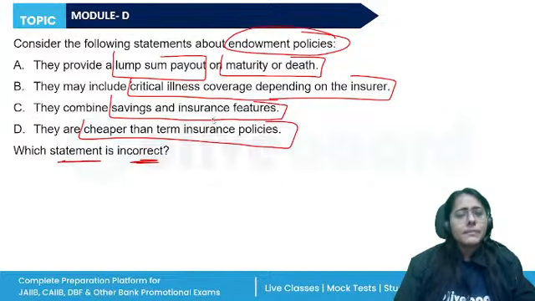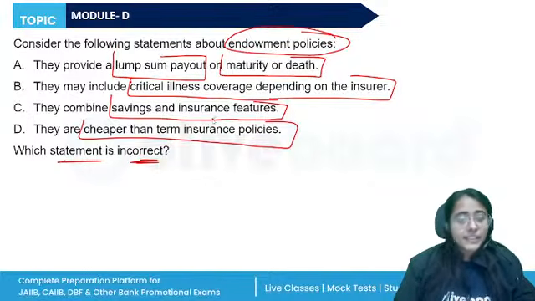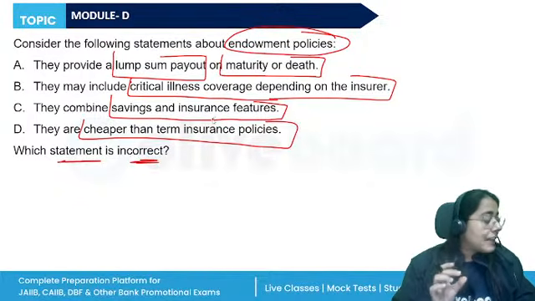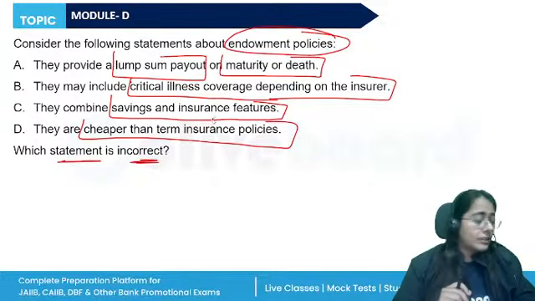You need to mark the incorrect statement. You are telling me the correct answer. That is the main basis of the endowment policy. In a term insurance policy, the amount is paid only on the death of the policy holder. The amount is paid to the nominees or the beneficiaries. That is the term insurance policy.